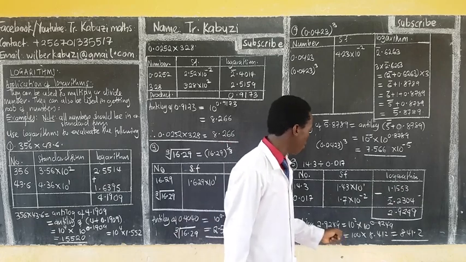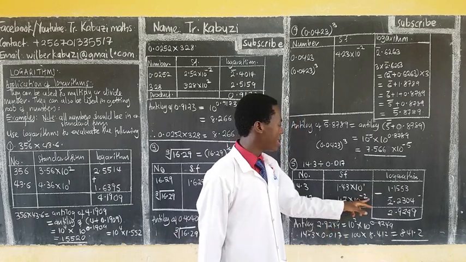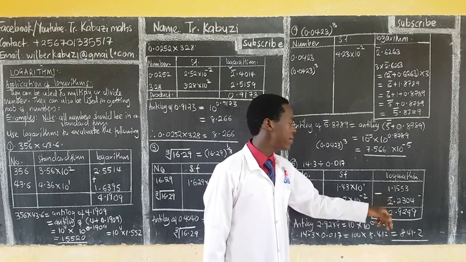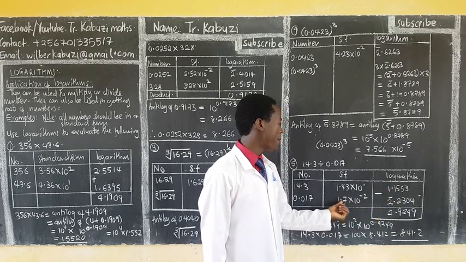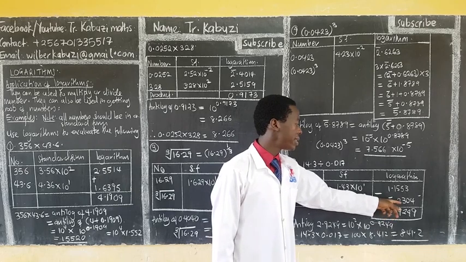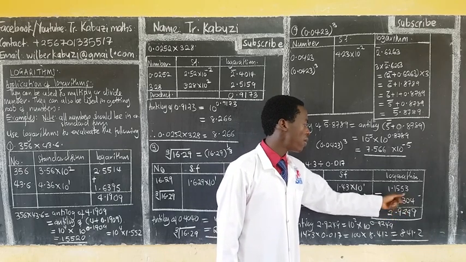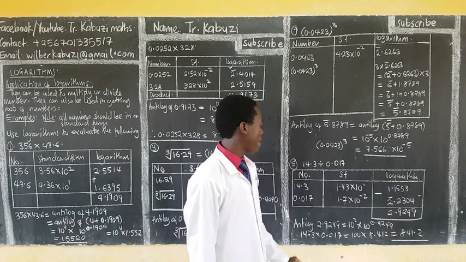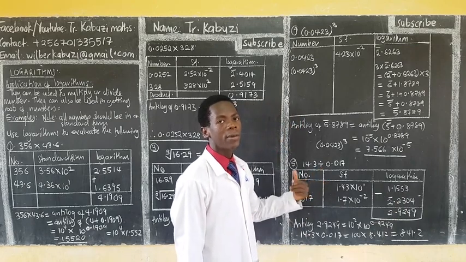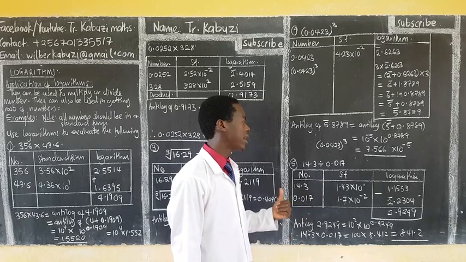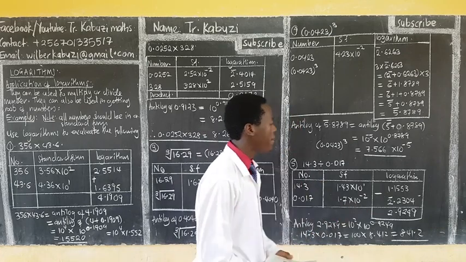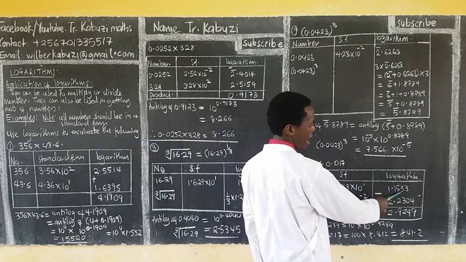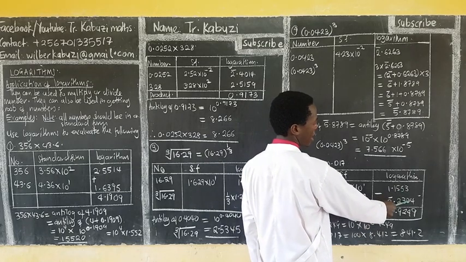Then remember this one, now we write negative 2. We said negative 2 is the same as 2 bar in logarithms. Then when you read 1.7, you get 0.2304. When you add this negative 2, that's what you get. But if you are dividing logarithms, it means we are subtracting. So you subtract here. Now be careful when you are subtracting here. This one we borrowed here, 13 minus 4, you get 9.